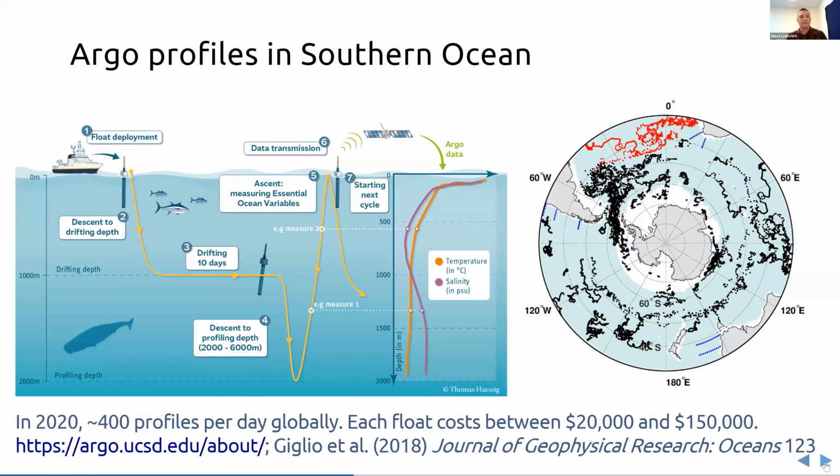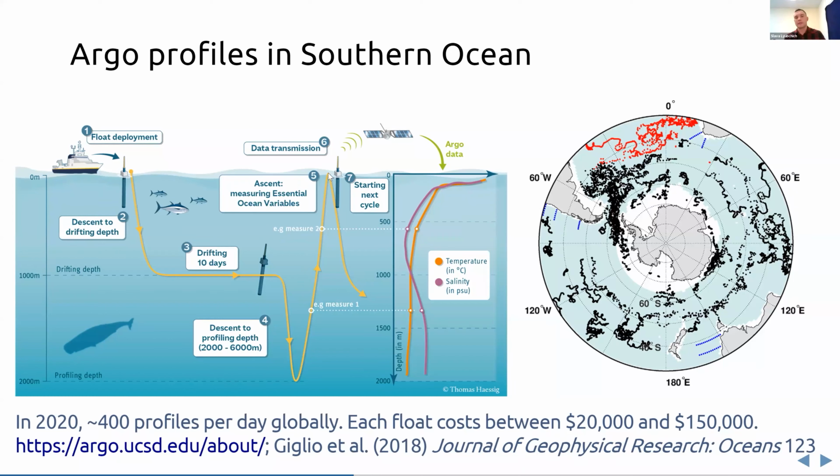So Argo floats are devices which are deployed in the ocean, and they provide information about the ocean. The float is first deployed and then descends to a drifting depth of 1,000 meters, where it drifts for 10 days, then further descends down to 2,000 meters, and then starts to go up and measure information about the water column, or profile it.